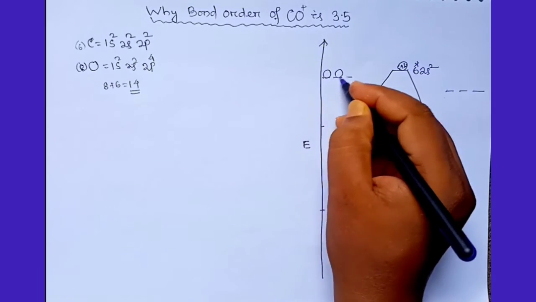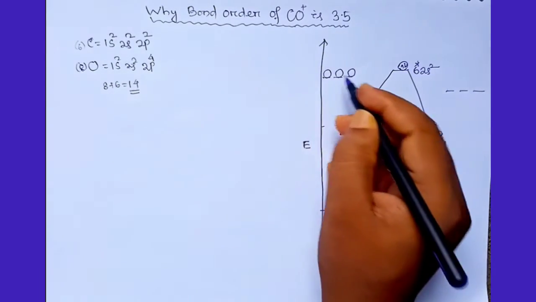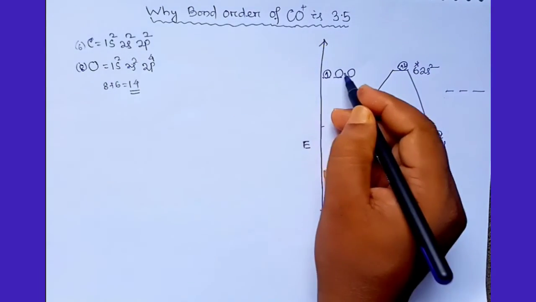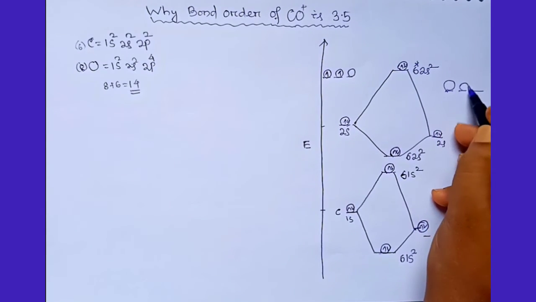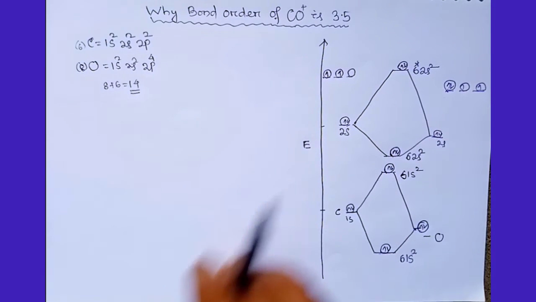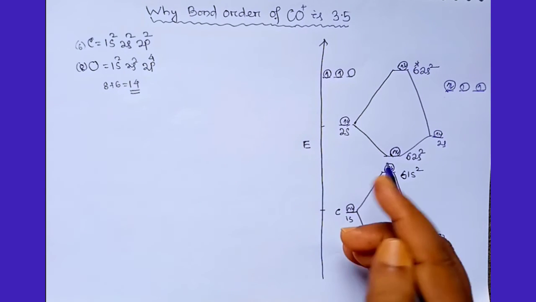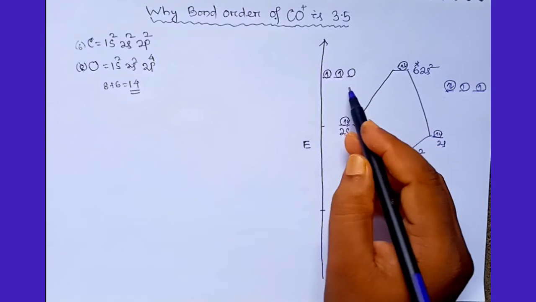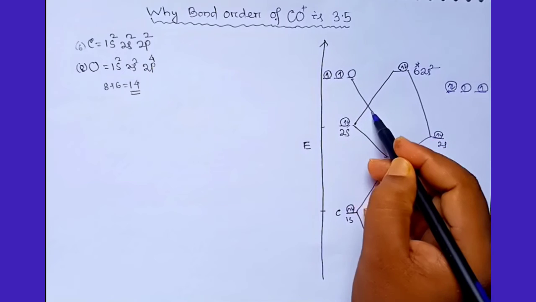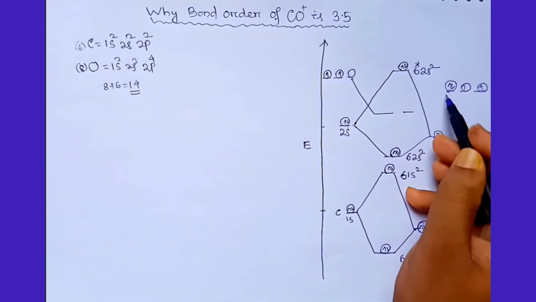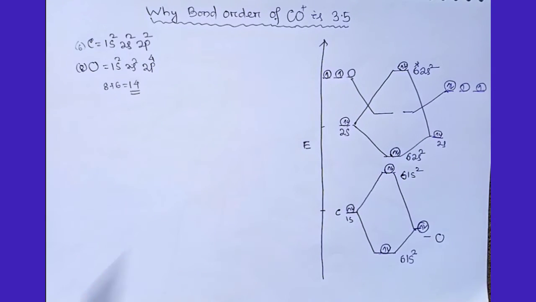So px, py, pz for carbon, here only 2 electrons, I will assign 2 electrons here, and here there are px, py, pz, there are 4 electrons, I will assign 4 electrons here. Now the linear combination of atomic orbitals takes place to form the molecular orbitals. Now we will draw the molecular orbitals here.